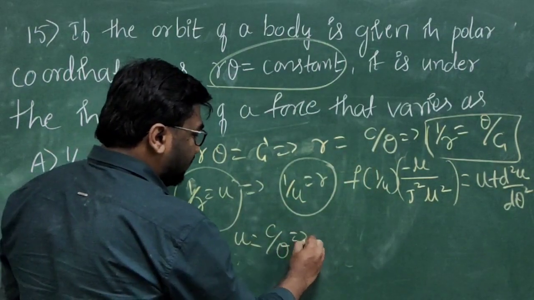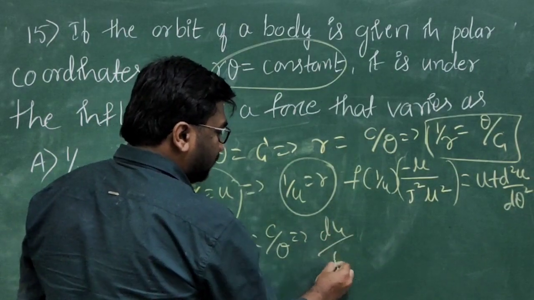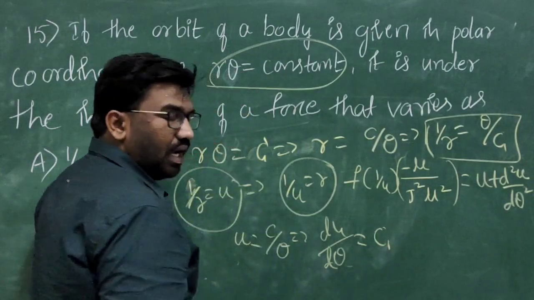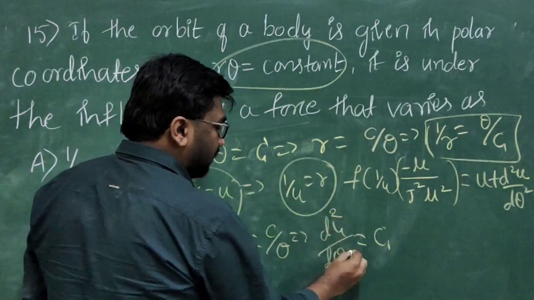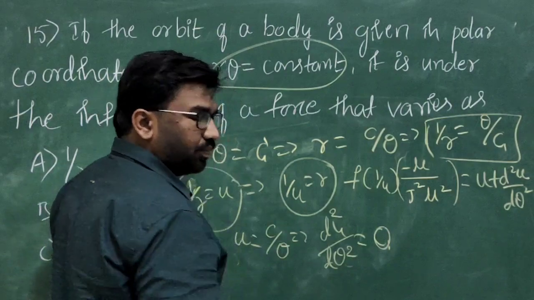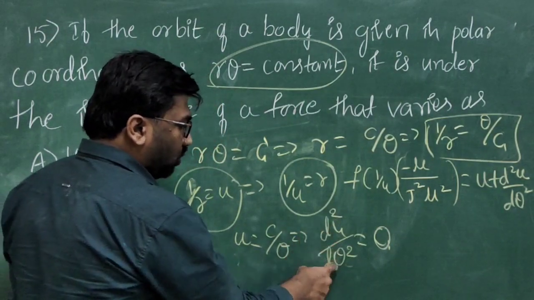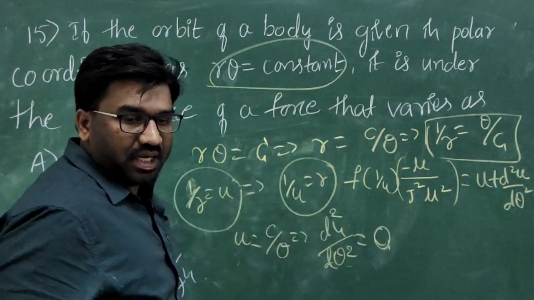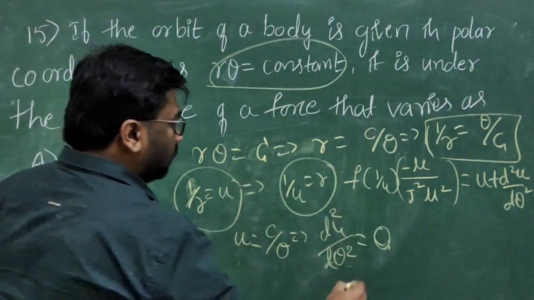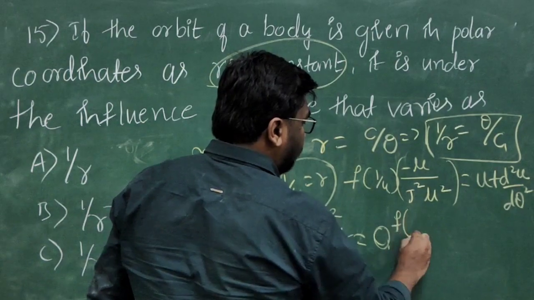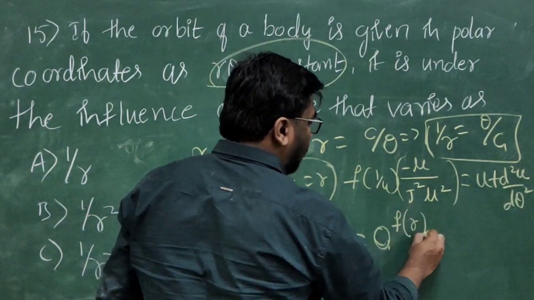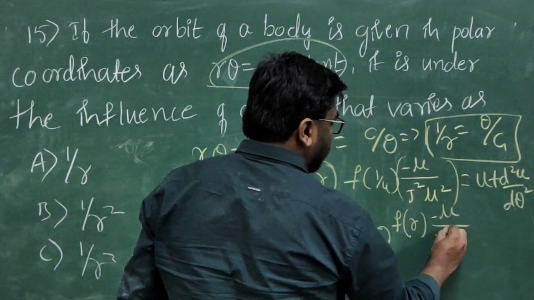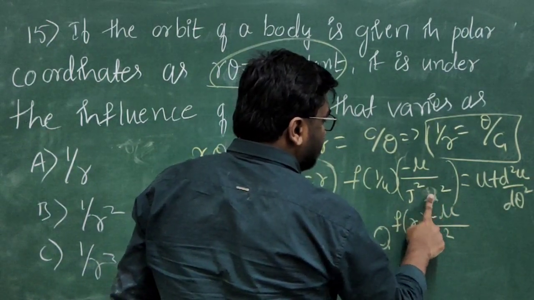Now differentiate this, so du with respect to d theta gives c, and again differentiating with respect to theta, it will be 0. So therefore d square u by d theta square is 0, and this equation becomes, so therefore write f of 1 by u, which is nothing but r, into minus mu divided by j square into u square.